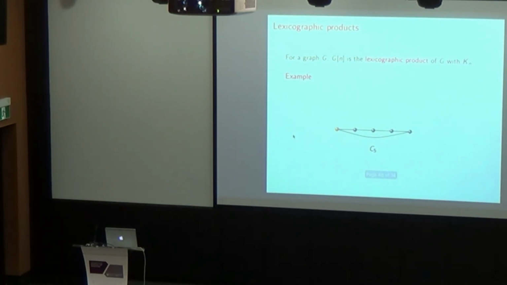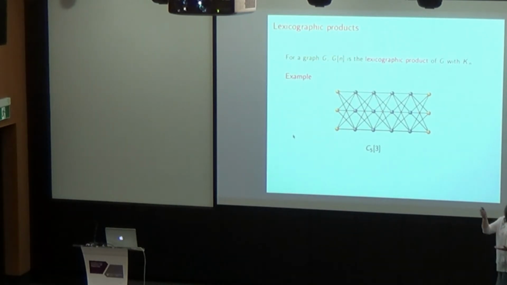I'm going to take this yellow vertex, write another copy for ease of notation, and bring it over here so that I can write my cycle in a line. Then each vertex gets blown up into 3 vertices, and between 2 adjacent vertices on the cycle, I place K3. So think about taking the cycle and blowing up the vertices by 3.